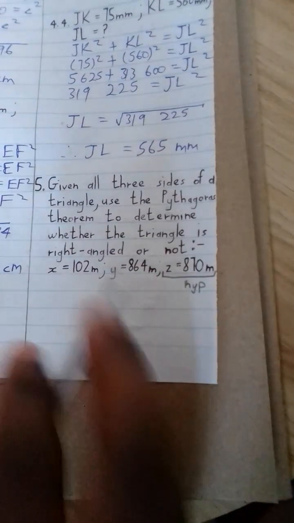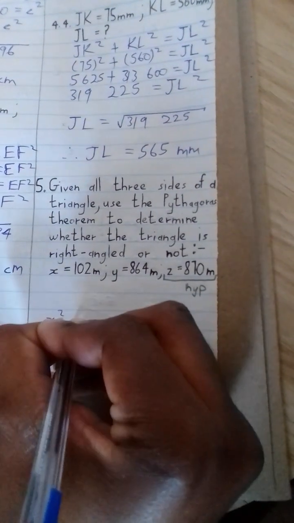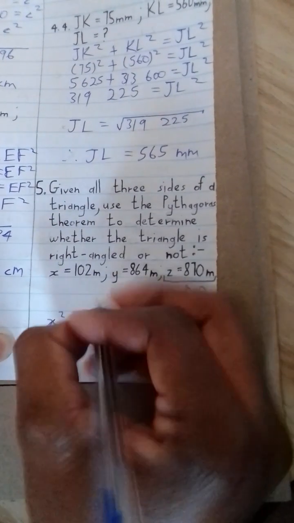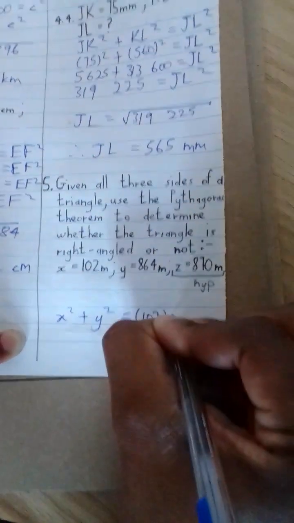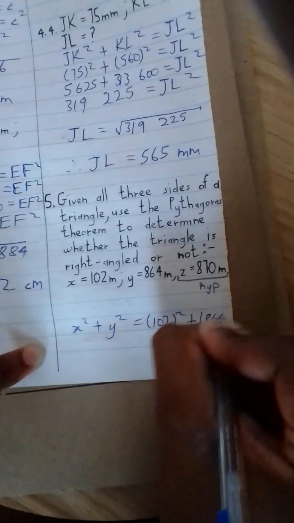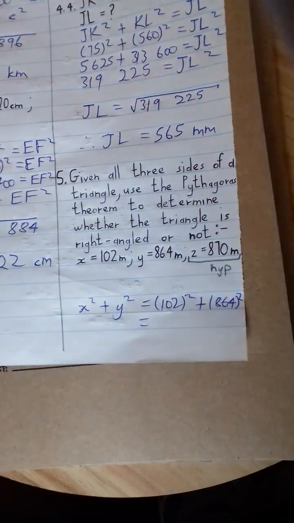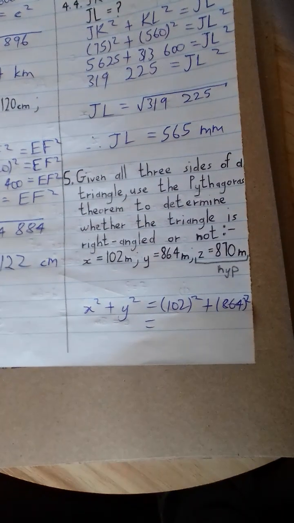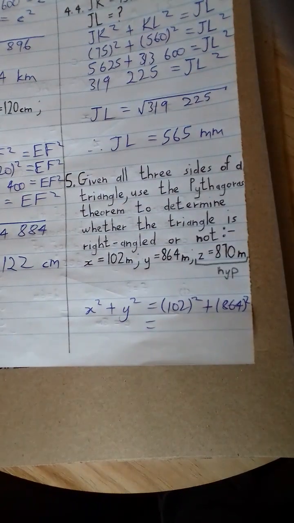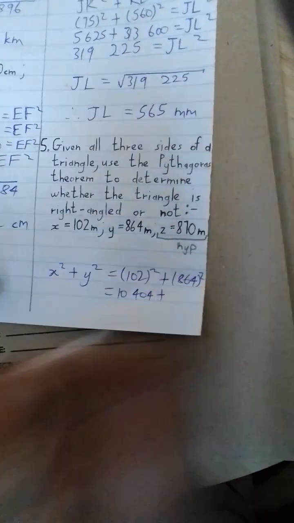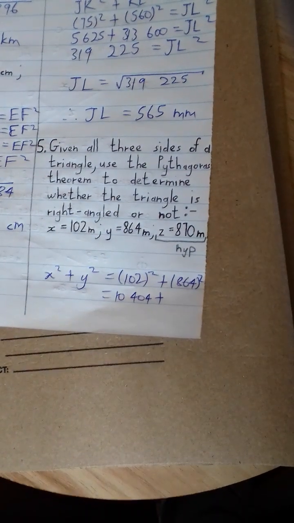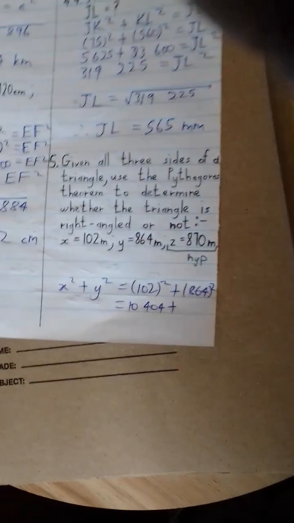So first we're going to test x squared plus y squared, right? 102 squared plus 864 squared. 10,404 plus 746,496.